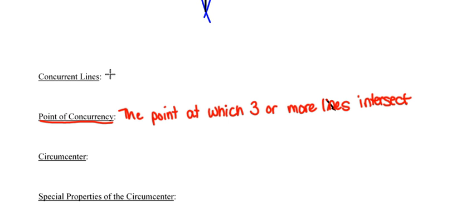Concurrent lines are going to be 3 or more lines that intersect at one point.